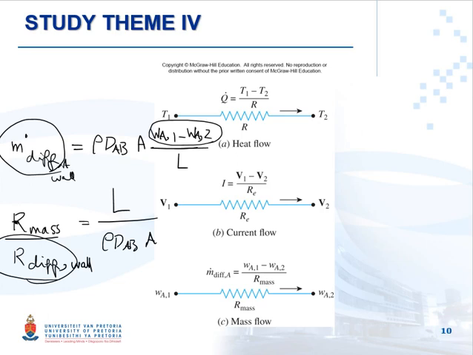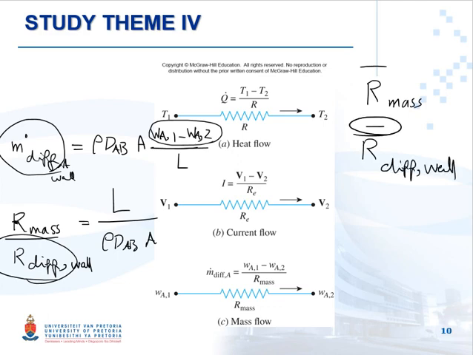We can also define, if you recall, we mentioned that concentration can be shown in two different ways, mass base and molar base. This is, of course, mass base. For the molar base, or molar diffusion resistance, we show it as R bar diffusion wall.